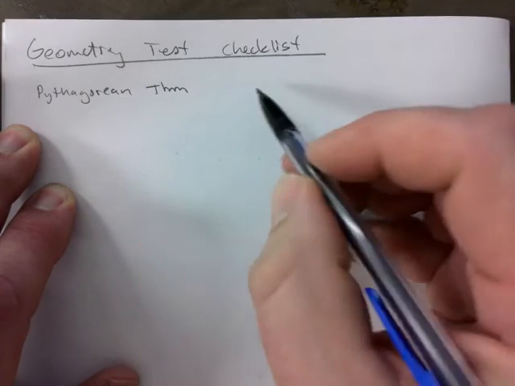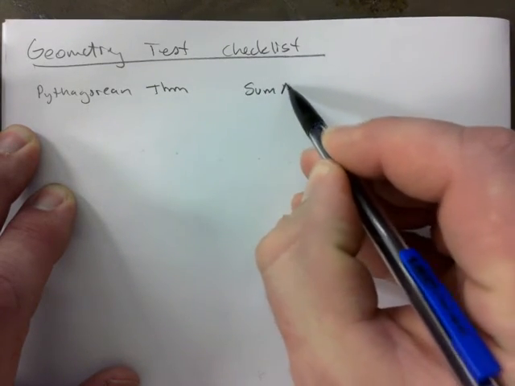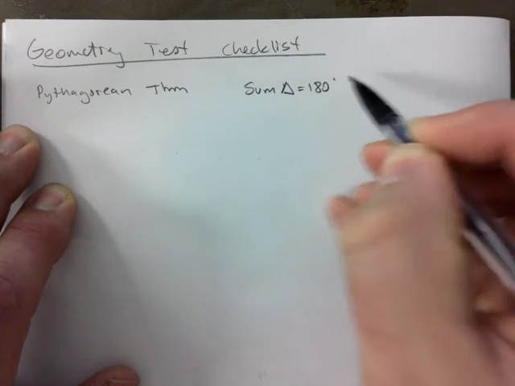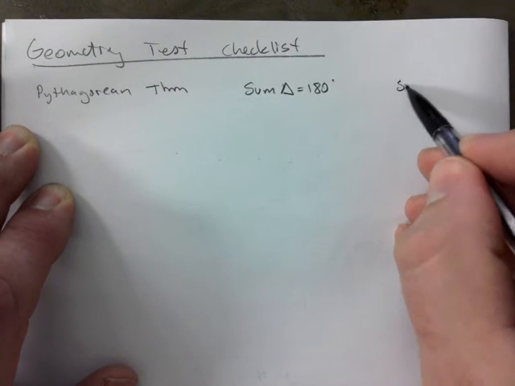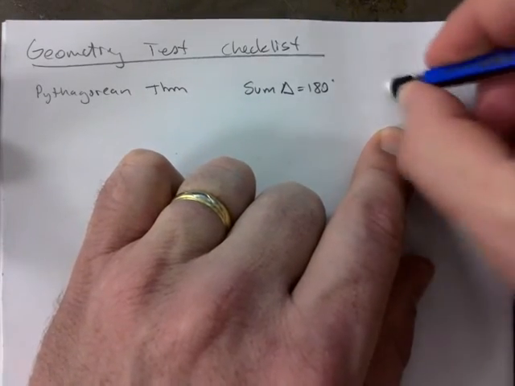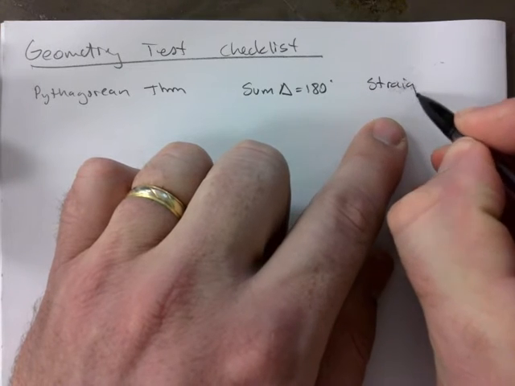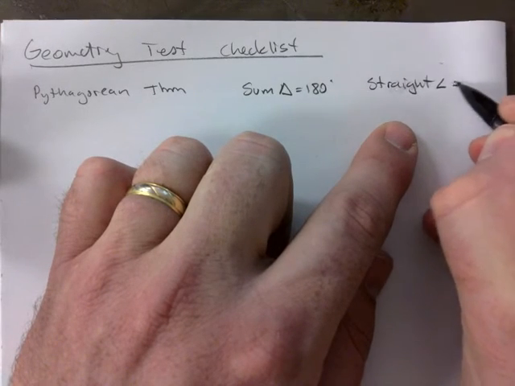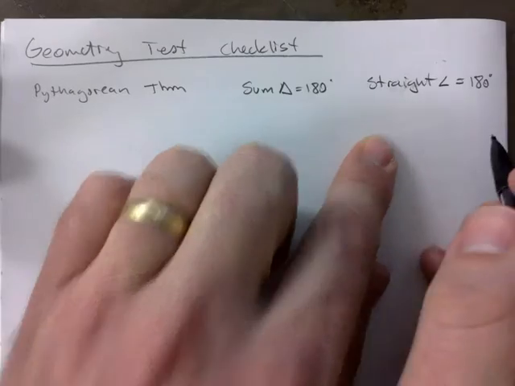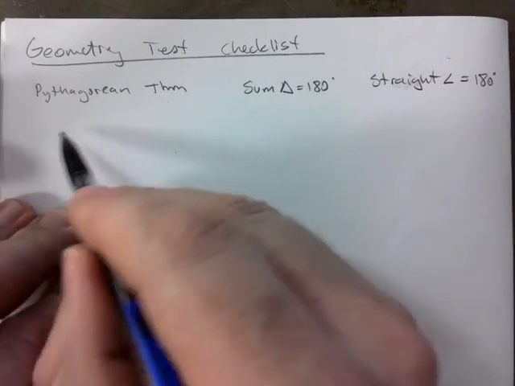Pythagorean theorem, sum of triangles equal to 180. Straight angle is equal to 180, right? These three properties, right?